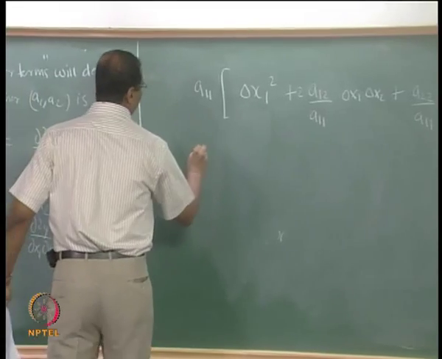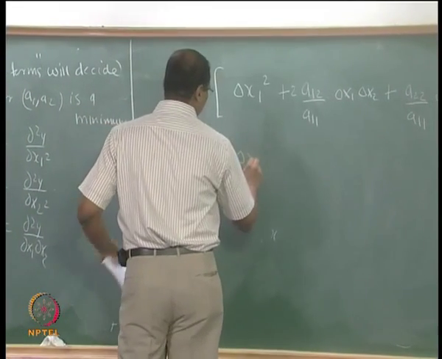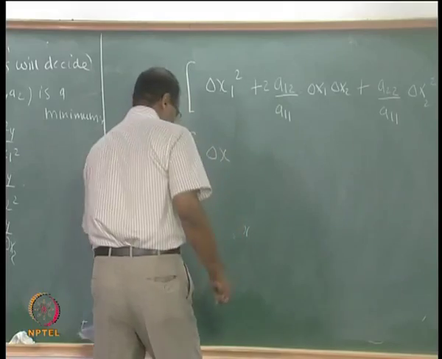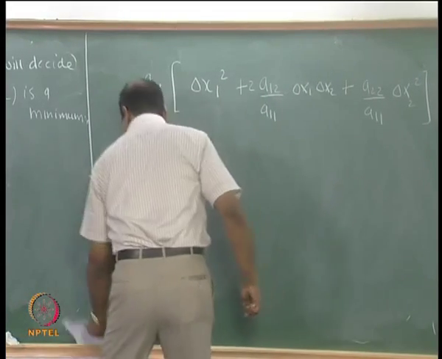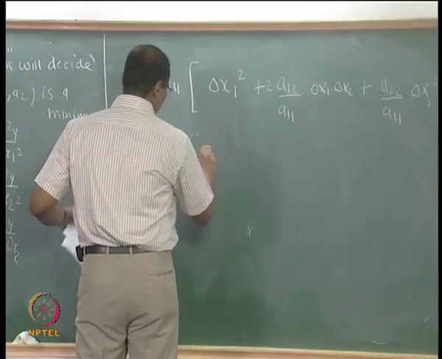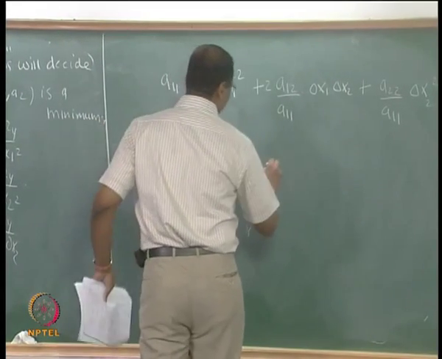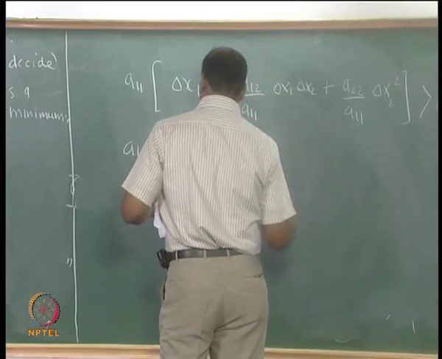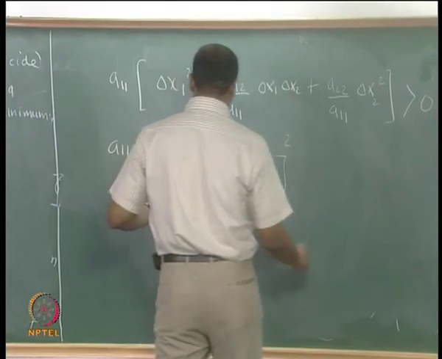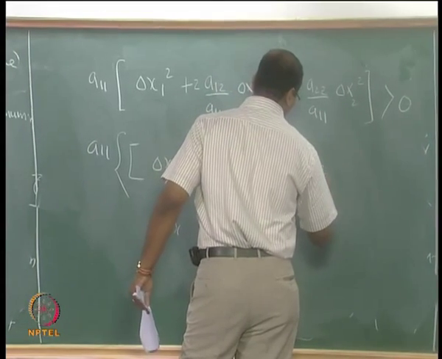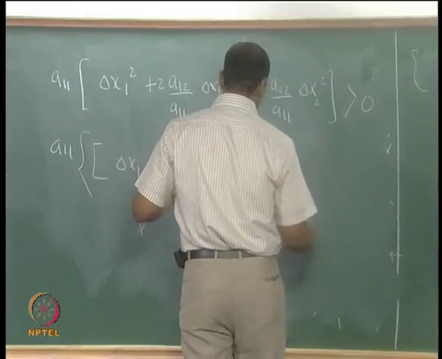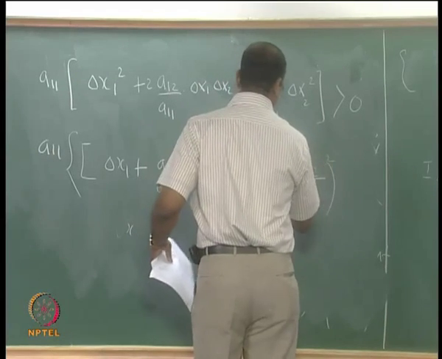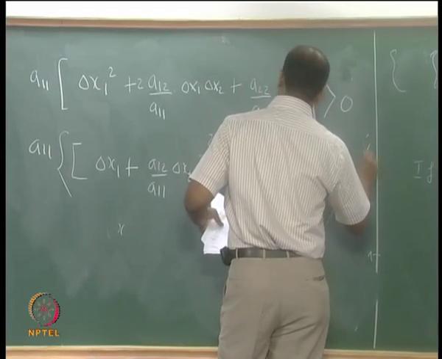So to save time, what I did was, can you write like this, a11 into delta x1 plus a12 delta x2 whole square plus, is that okay?